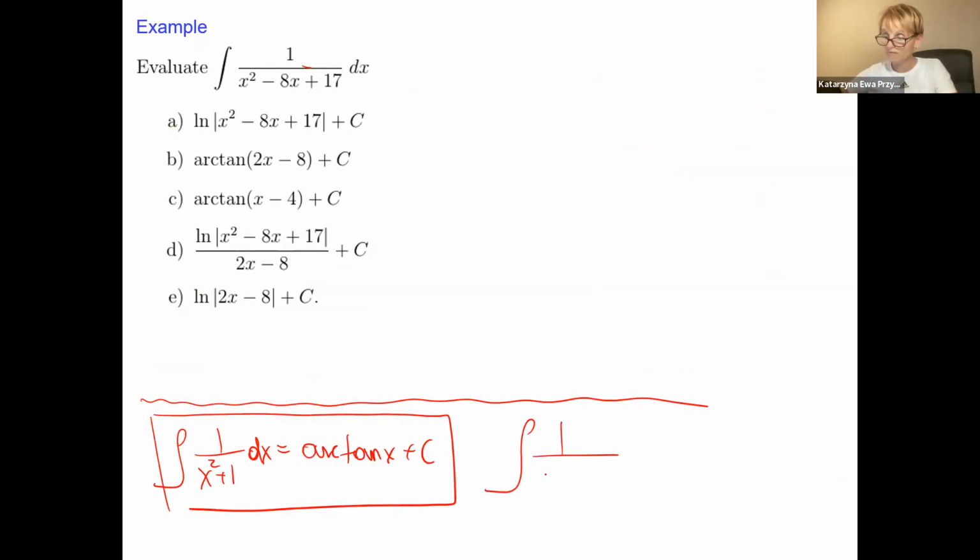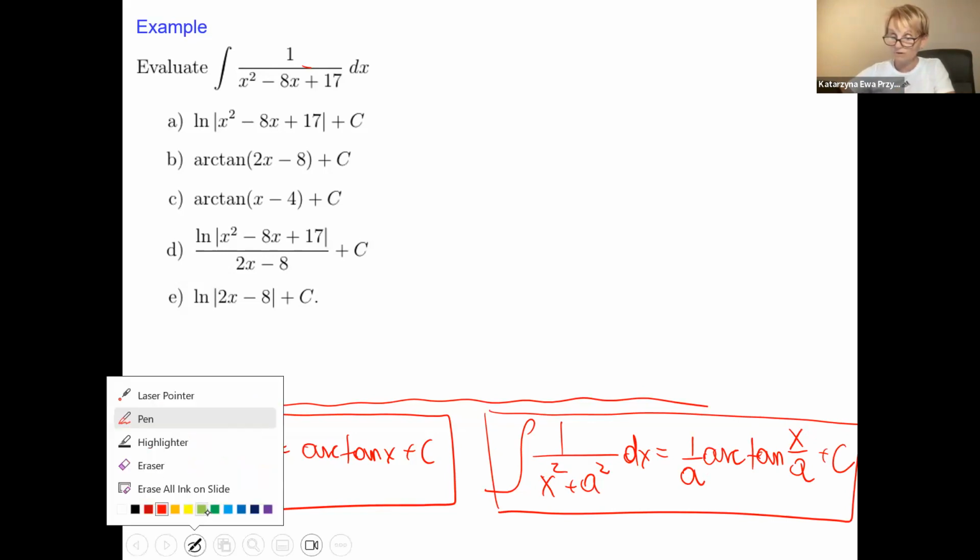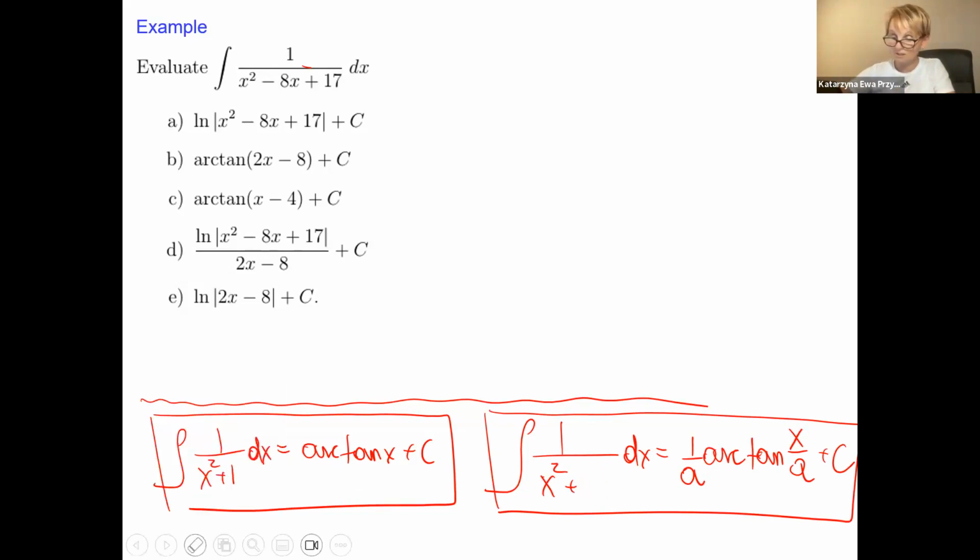But when we have the integral of 1 over x squared plus a squared, it's still arctangent, but x is affected by a, and the entire arctangent is affected too. We divide by a, both x and the entire function. So if that quantity is 9, then we divide by 3. If this quantity is 81, we divide by 9.